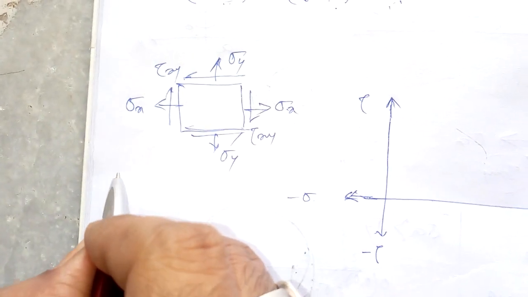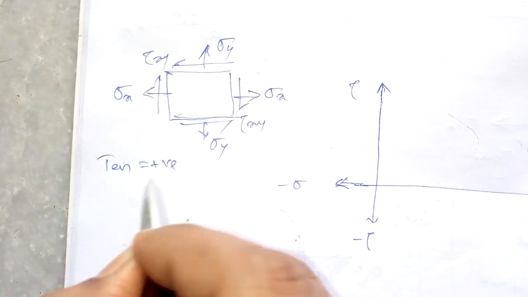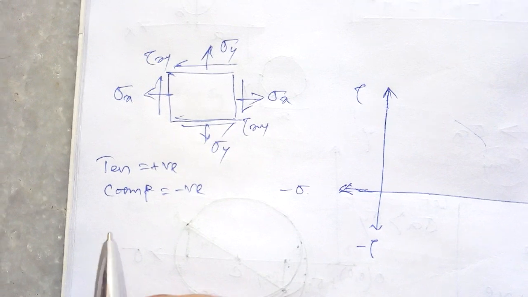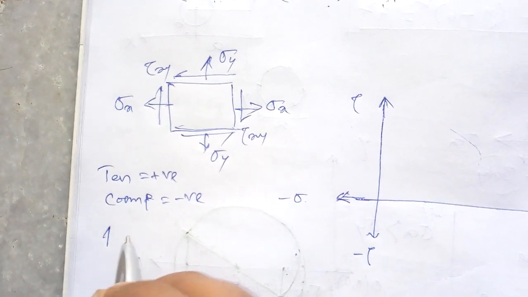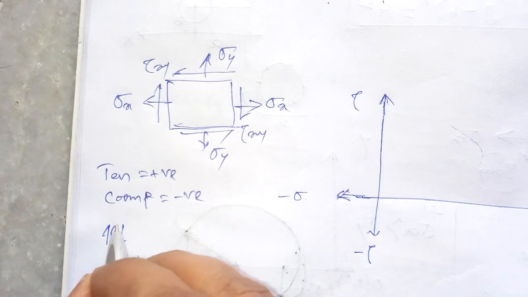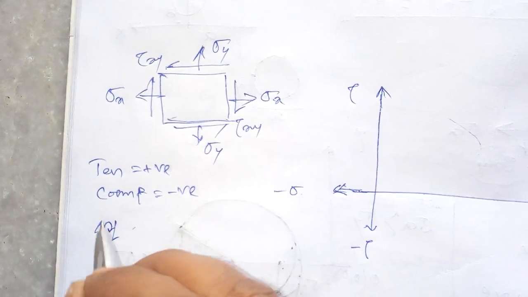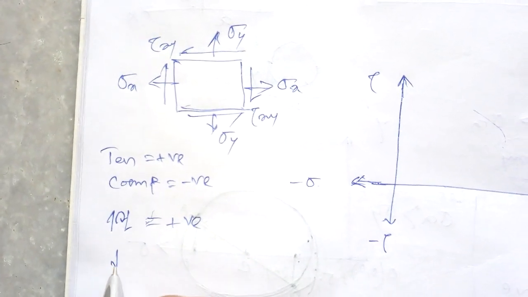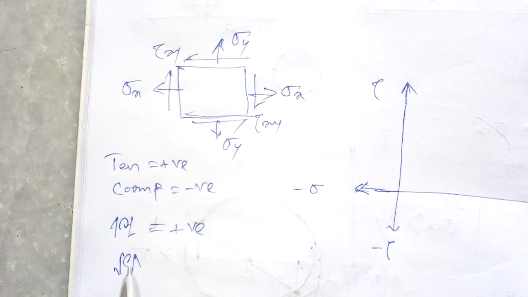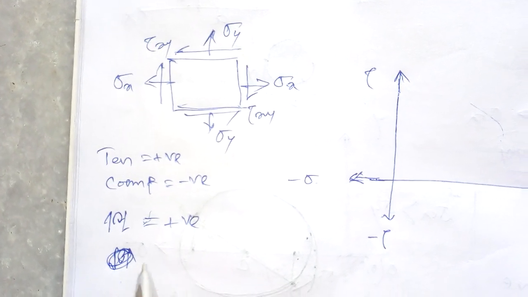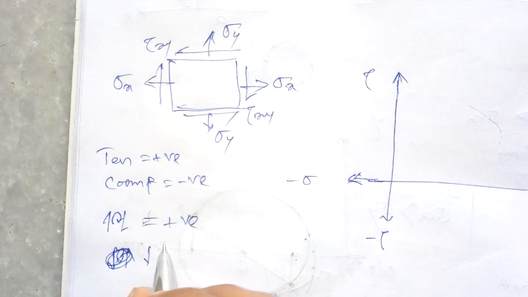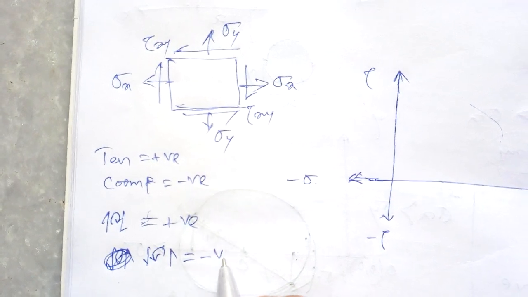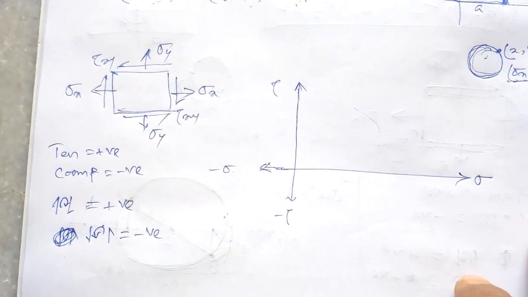Let us take the tension as positive, compression as negative, and for shear, if the shear force is rotating the body in clockwise direction, we can take this as positive. And if the shear stress is rotating the body in anti-clockwise direction, we can take this as negative, right?